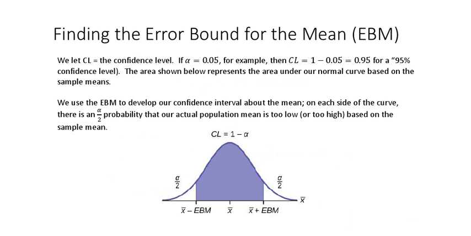So if we think about the confidence level at alpha equals 0.05, so both alpha over 2 must add up to 0.05, the confidence level of 95% is in the area shown here in the middle. And we're going to use our error bound for the mean to develop our confidence interval about the mean on each side of the curve. And alpha over 2 is the probability that our actual population mean is too high or too low based on that sample mean.